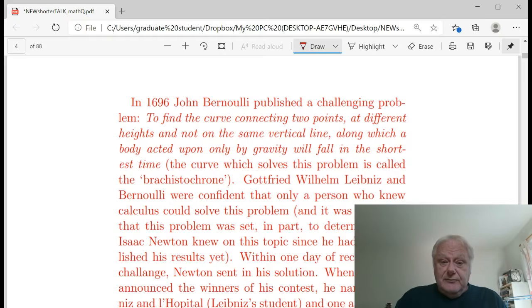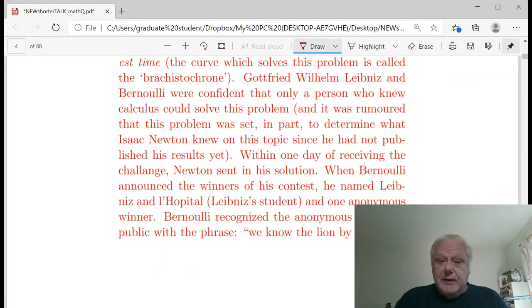Now, I'm not sure whether this is true, but the folklore says that Leibniz and Bernoulli were confident that you could only solve this problem using calculus. And at the time, the only people that were known to understand calculus were Leibniz and his group and Isaac Newton. Although at that time there wasn't communication between the two groups, and so in a sense Leibniz didn't really know where Newton was.